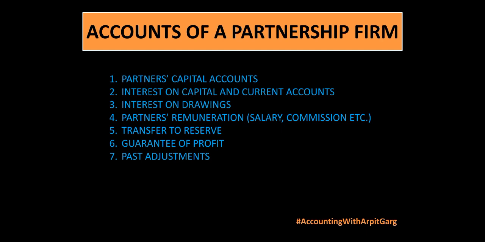As we are going in detail, we will go slow and understand the topics in depth. For this, today we will be covering only the first two topics, that is partners capital account and interest on capital and current accounts.